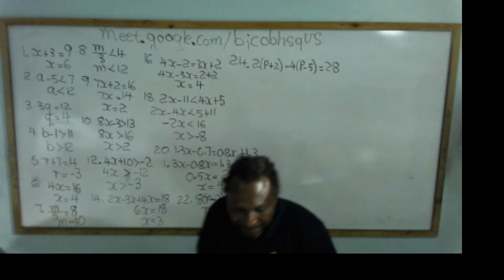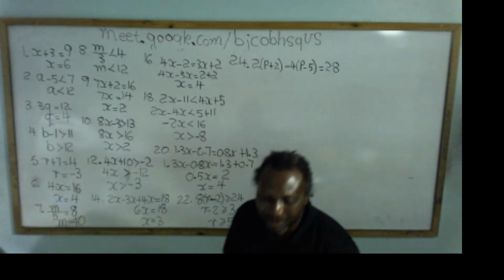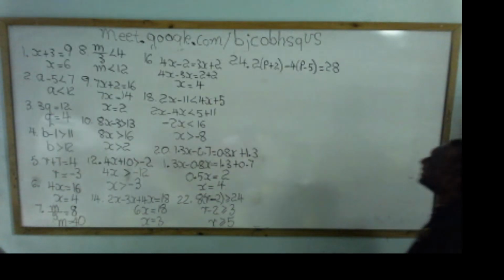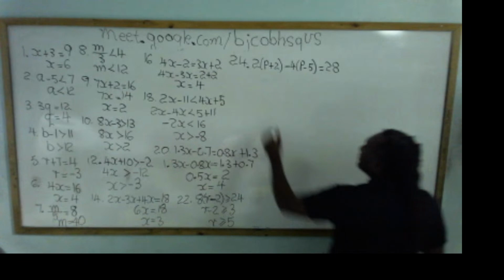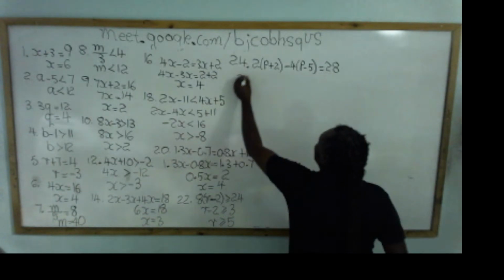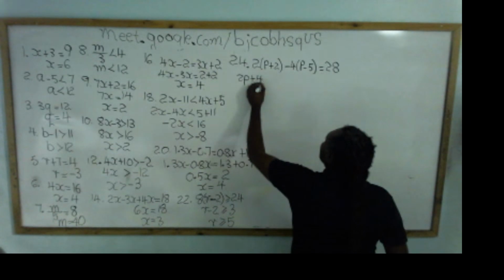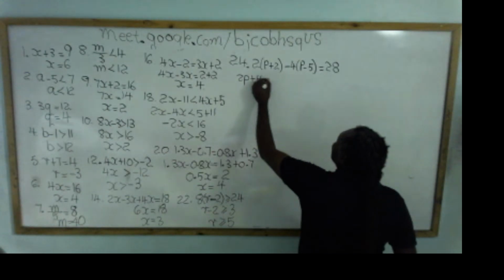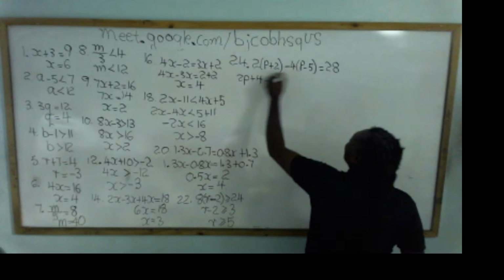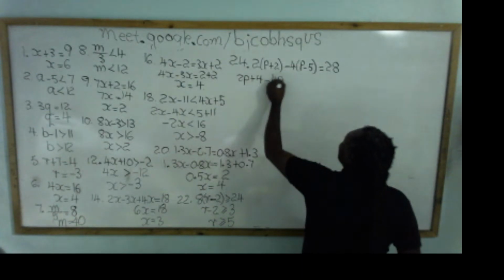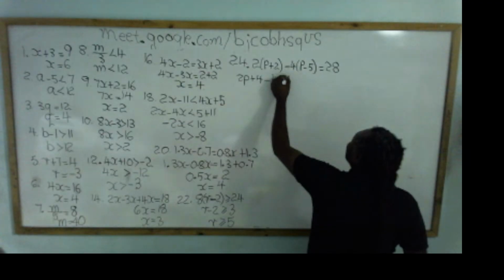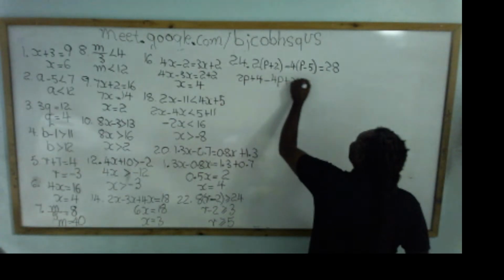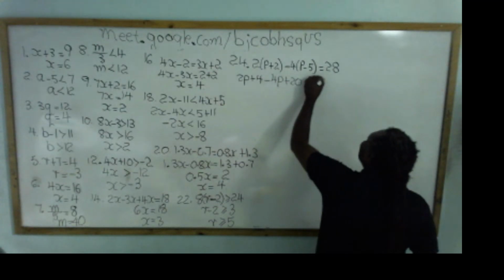Hopefully, by the next 2 steps, it will not pass through the glare. Let's continue. What we will do is expand the brackets. 2p plus 4, 2 times p, 2p, 2 times 2 is 4, minus negative 4 times p, negative 4p, negative times negative is positive, is equal to 28. I'm trying to get it out of the glare.